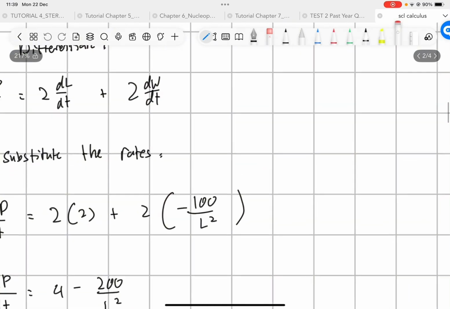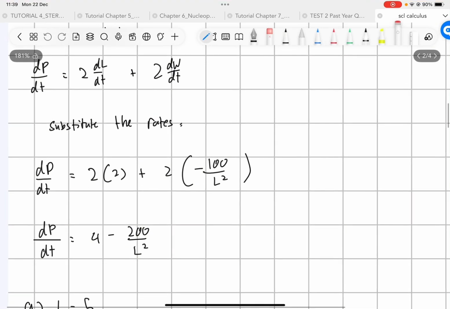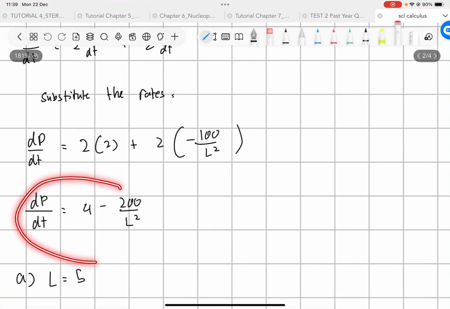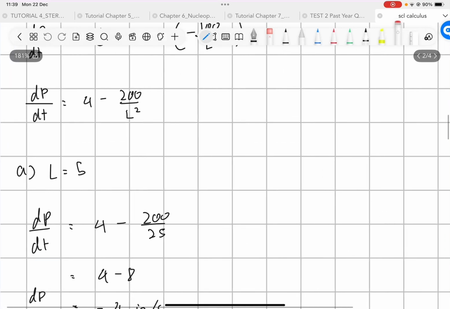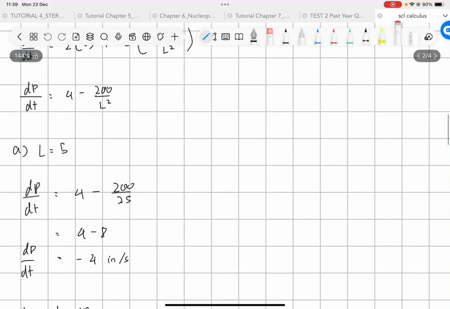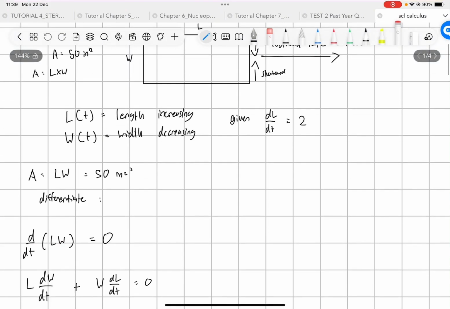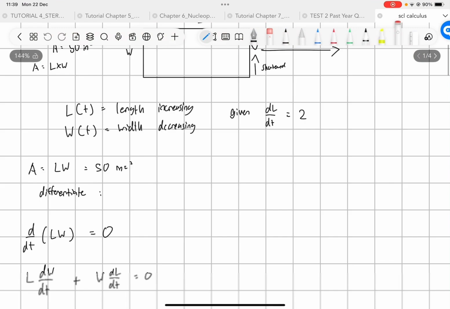So what we must do is just substitute the equation into this perimeter equation, and we will get that dP/dt is equal to 4 minus 200 over L squared. Now from the question, they ask us what is the rate of change of the perimeter P when the length of the increasing side is 5 inches.